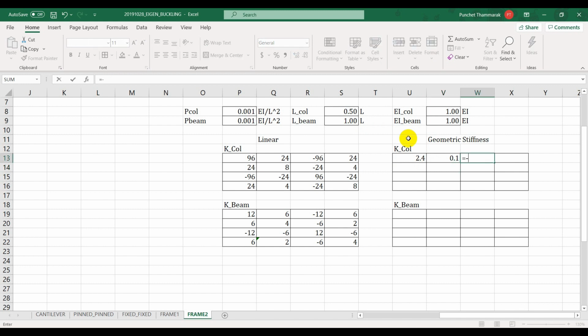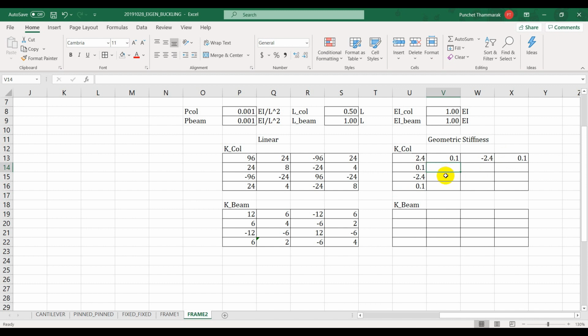This is minus 1.2 divided by the length. And okay, this is 0.1, right? So this is 0.1, this is this one, and this is equal to 0.1.